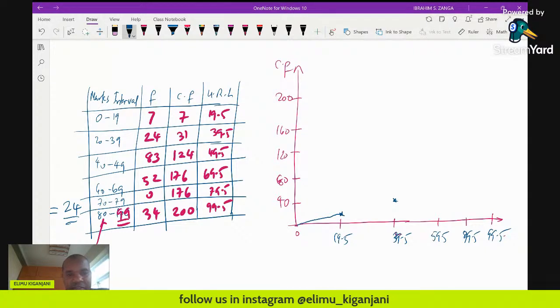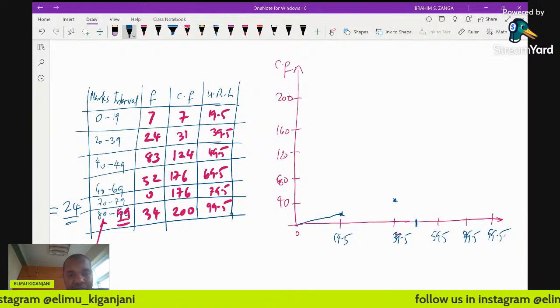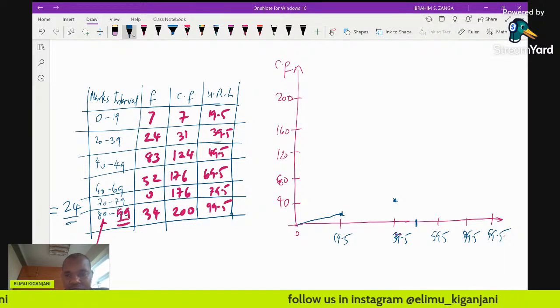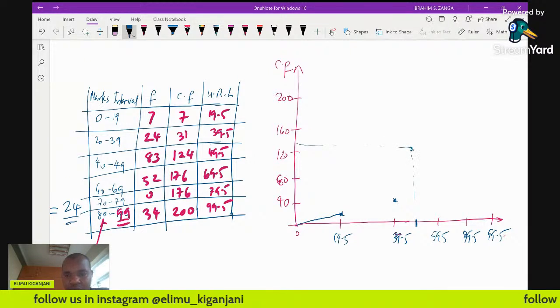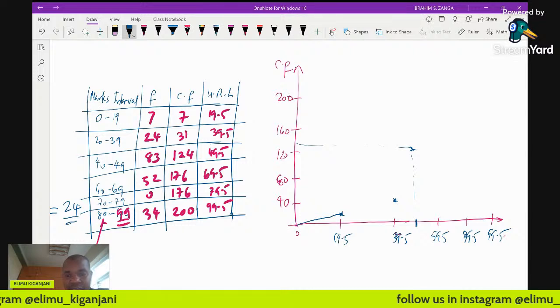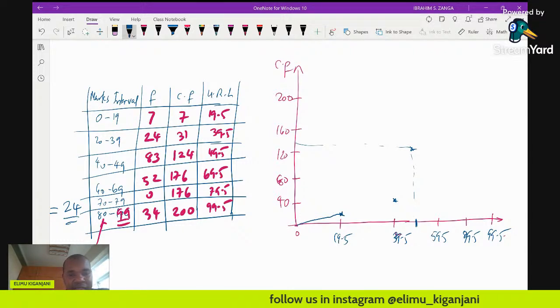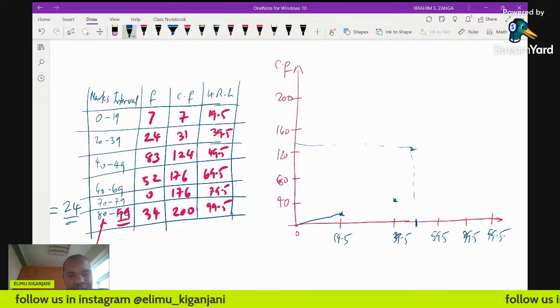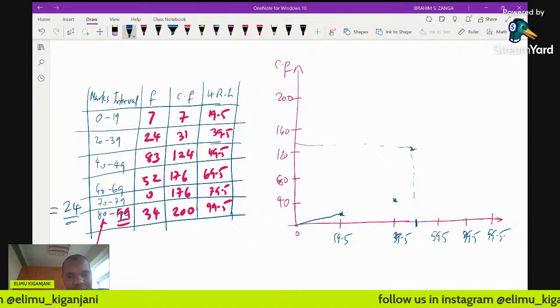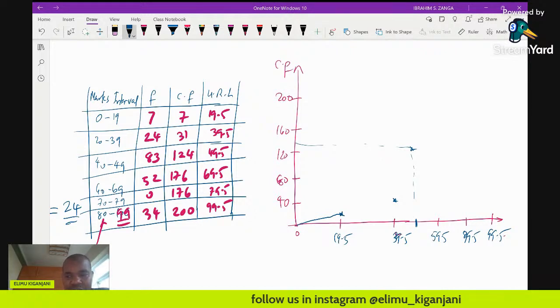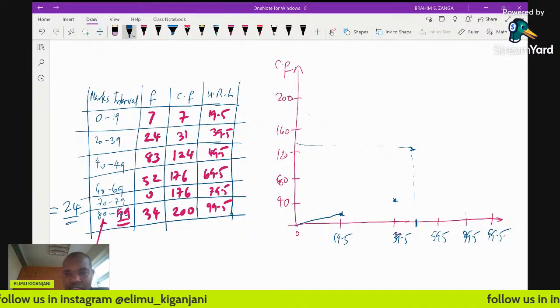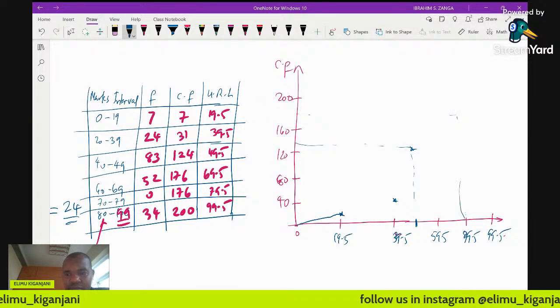Then 49.5 is going to be somewhere there. So 124 is expected to be somewhere there. So 124, there it is. Then 59.5, there is no such point. 69.5, no such point. 79.5, you have 176, somewhere there.